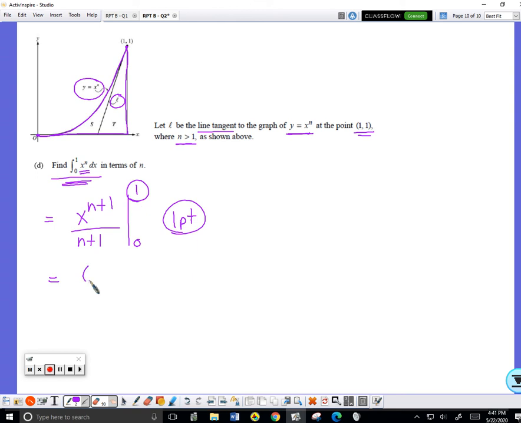So you get 1 raised to the n plus 1, all over n plus 1. Subtract, plug in a 0: 0 to the n plus 1, all over n plus 1. 0 to any power is just 0. 1 to any power is just 1. So this turns out to be 1 divided by n plus 1. That would give you the second point.